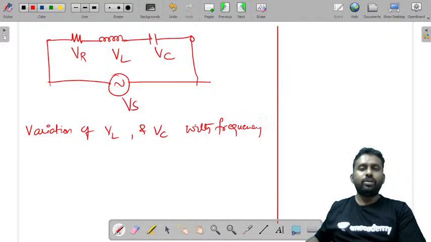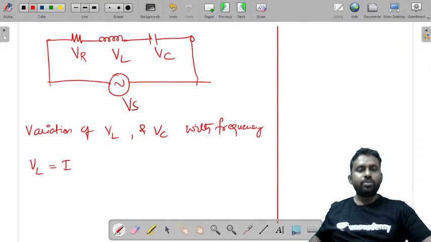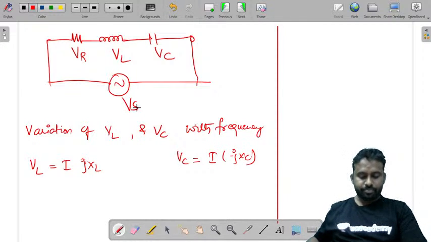That is what we'll be looking at. Now, I'll write both the expressions. VL is equal to I into jXL, and VC is equal to I into minus jXC.